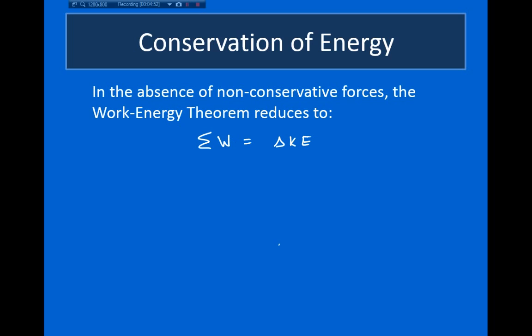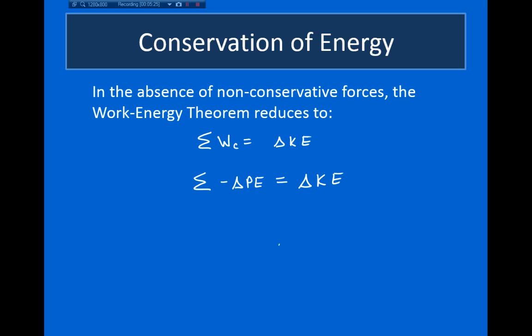Now, if all of my forces are conservative, we know I can write the work done by each conservative force as minus the change in the potential energy associated with it. So the work that's done by gravity is minus a change in the potential energy due to gravity, and I could do that for every single conservative force. This has to equal the change in kinetic energy according to the work-energy theorem.